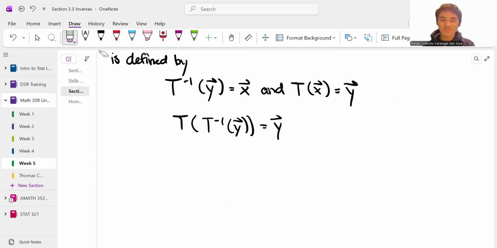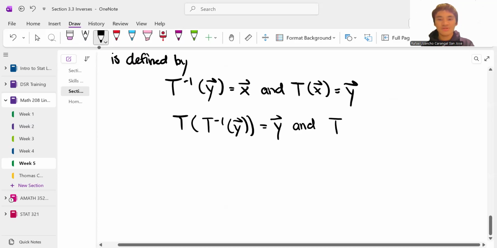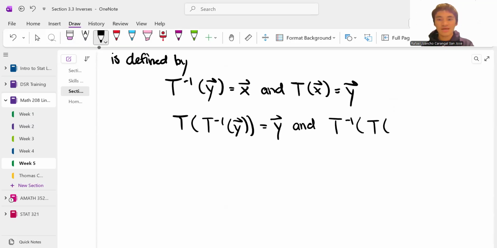And what else do we have? If we do the inverse of T of x, that's still x, because T of x is this y, and then we just plug it into the inverse and we still get back our x.